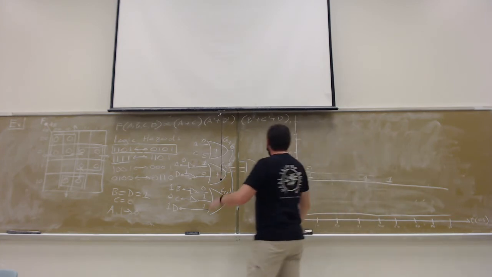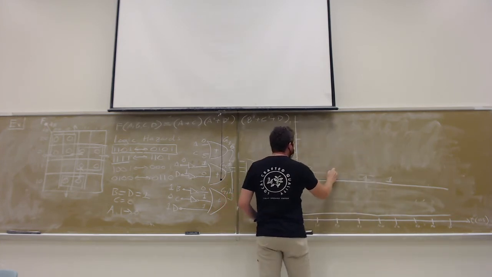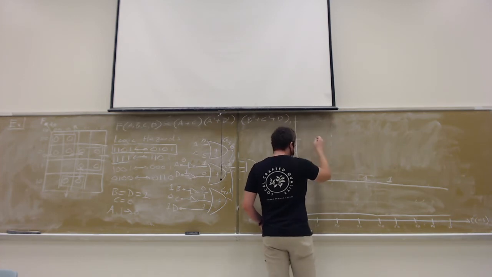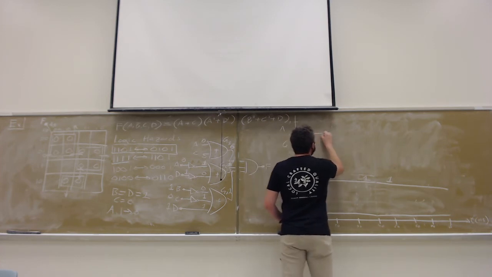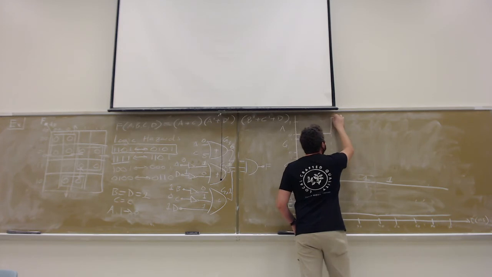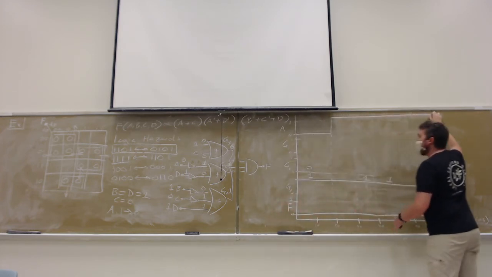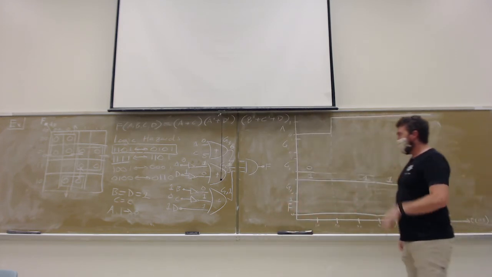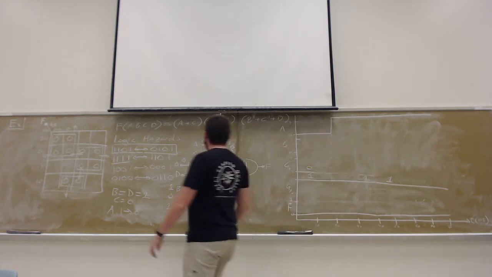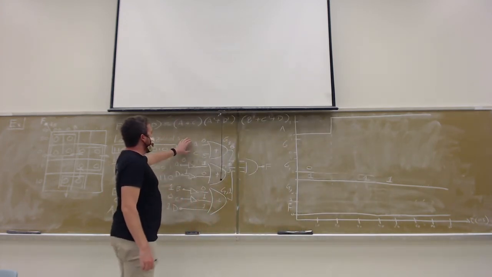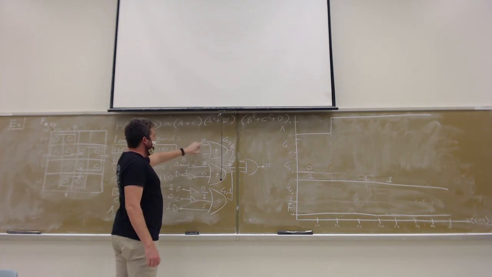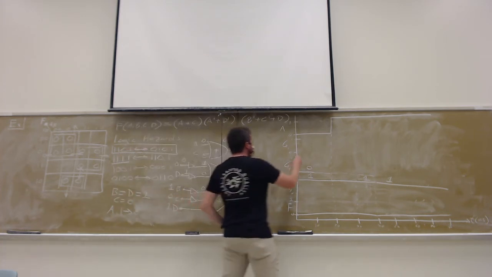So we're going to leave everything exactly the same, except we're going to take A starting at 0, and at 20 nanoseconds, we're going to take it to 1, and then we're going to bring it over. So G1 starts at 0, which means it stays at 0 until the transition.